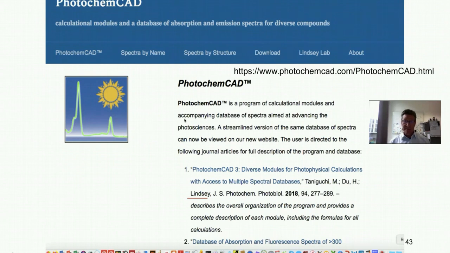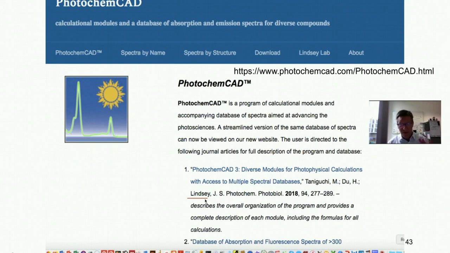So this here is a website, Photochemcat, and the website contains downloadable calculation models with which you can calculate things about the Förster and Dexter mechanism. It also contains a load of spectra of molecules, absorption spectra, emission spectra, and Mr. Lindsay.